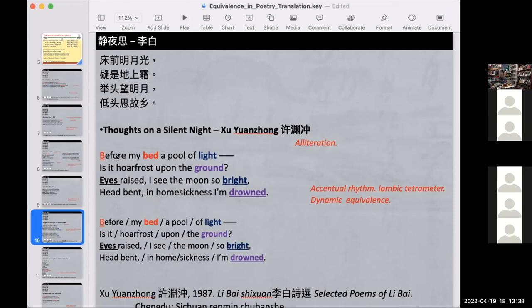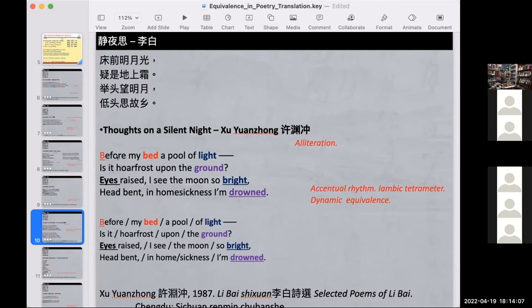As I said earlier, iambic is the adjective of the name of the foot, which is iamb. An iamb is a two-syllable foot. The first syllable is unstressed, the second syllable is stressed. So ta-tam. The second syllable should receive the stress, the accent.